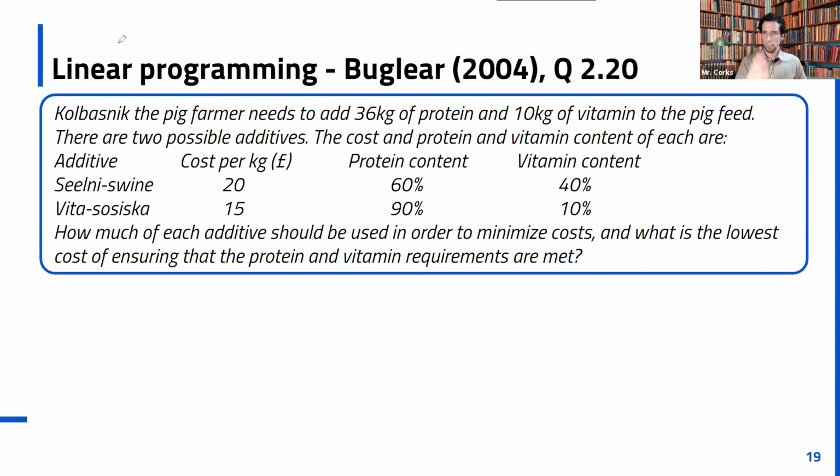So take a moment and read this and think about it, and see if you can identify the variables, how many constraints, what's the inequality, and the objective function. Take some time and see what you can identify.